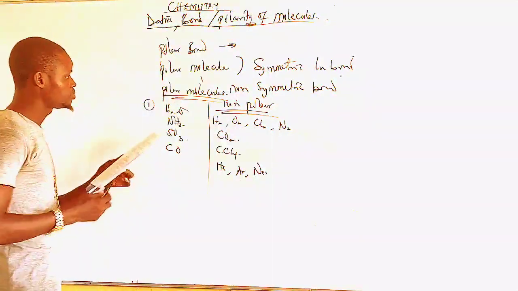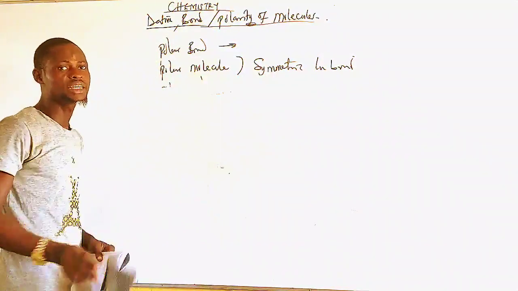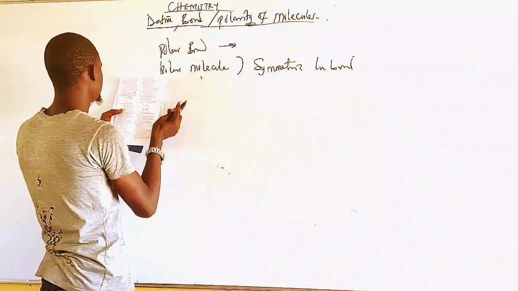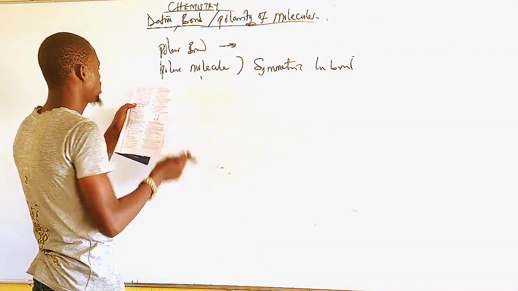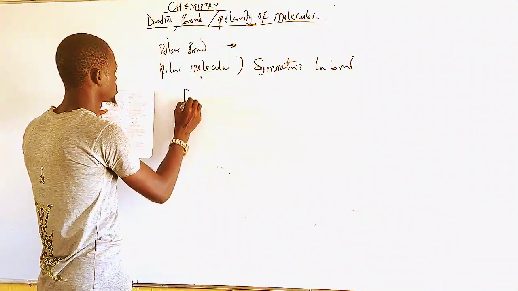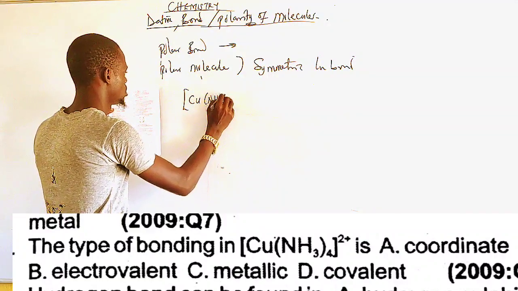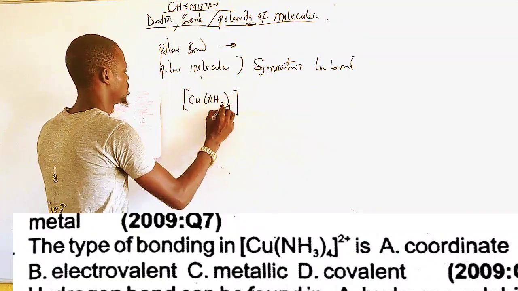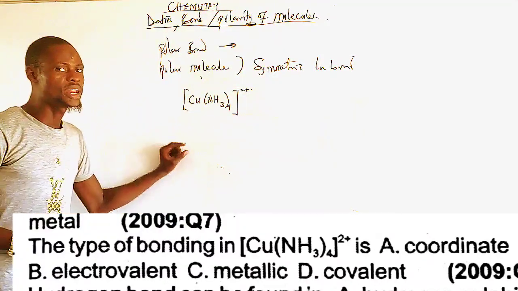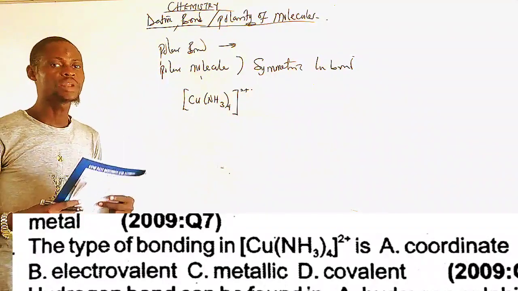Now, whenever you see any complex ion, the bonding between them is coordinate covalent. They asked the type of bond in copper NH3 4, this is a complex ion.